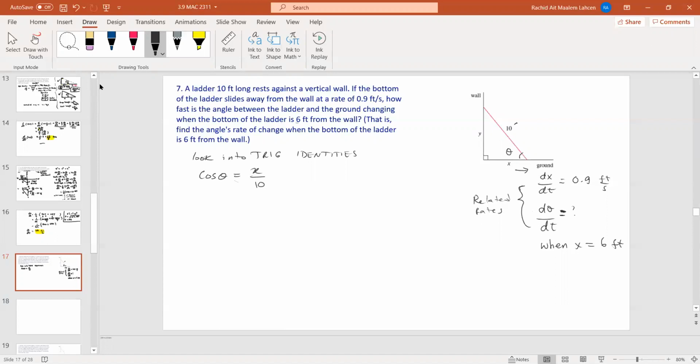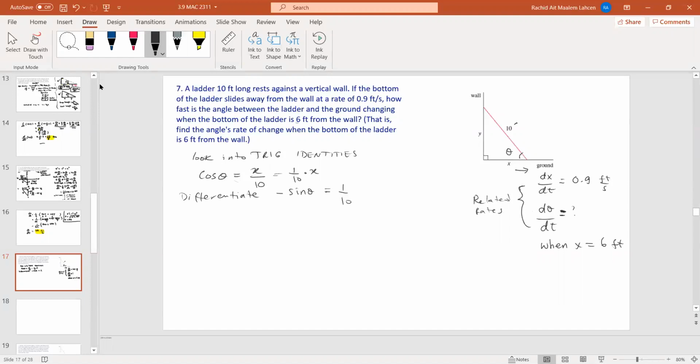All right, so that step that says draw the sketch, it's already given. Now find the formula that governs this idea. We don't want any formula, we want one that connects the x and the 10, and the cosine does that. So somebody may start with something else and they have to switch. So now let's differentiate. If you differentiate both sides, for the cosine, it's going to be negative sine theta, right? And this is, of course, 1 over 10 times x.